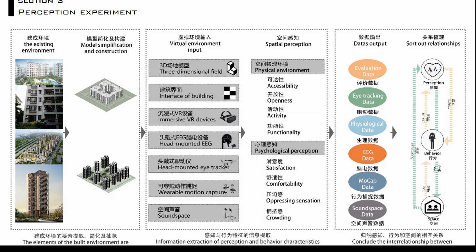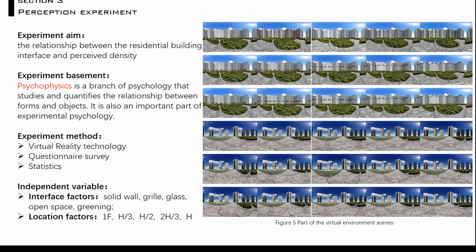Finally, conclude the interrelationship between perception, behavior, and space. In this perception experiment, we choose interface factors and location factors as a residential building facade's independent variables.